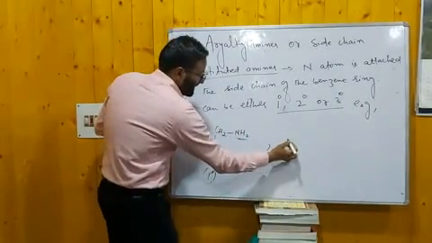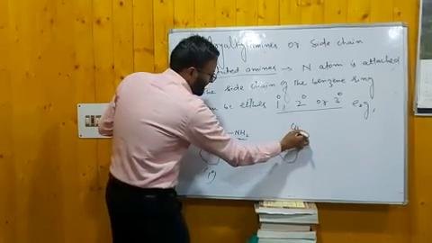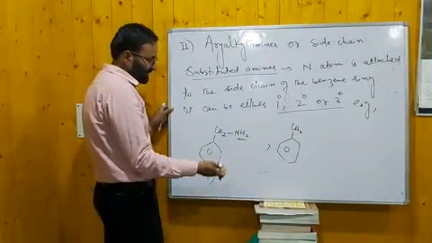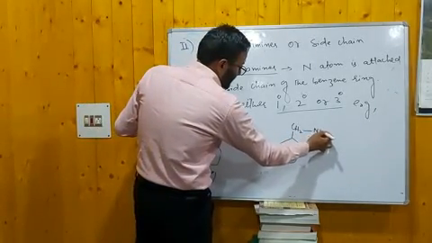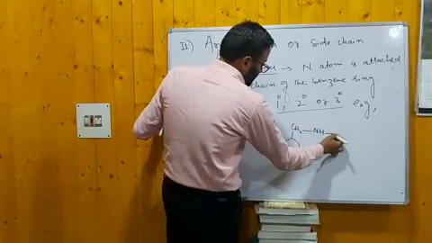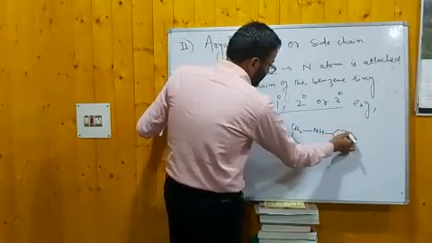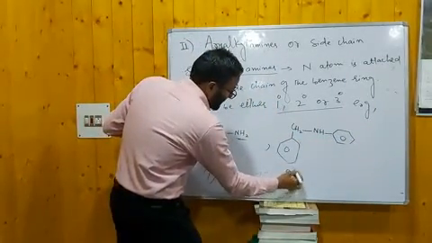In the secondary type, what will be the case? You will have CH2 and you will have NH. Another hydrogen will be replaced by the benzene ring. This will be the case.